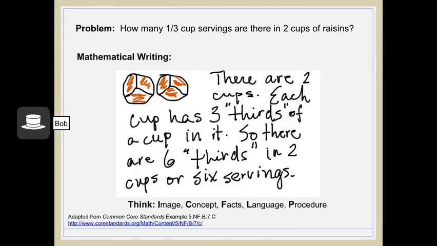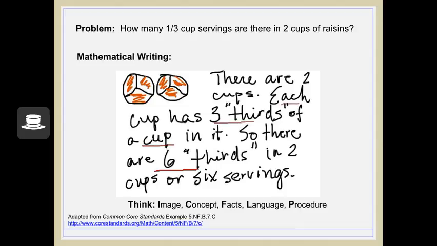This is the kind of communication that we'd hope to get from a student who's very familiar with this problem and fully understands it. Recognizing that there are 2 cups to start with, here's the core of the problem. Each cup has 3/3 of a cup in it. And then they're doing a multiply basically because there are 2 of those cups.